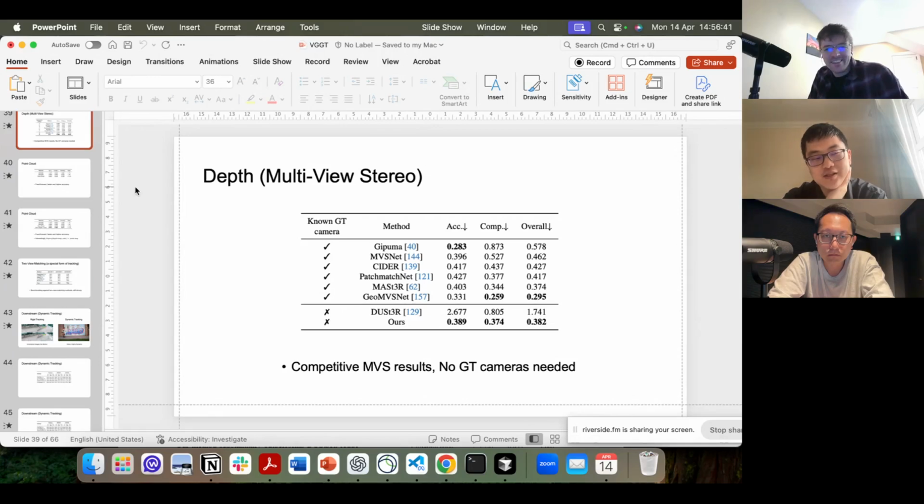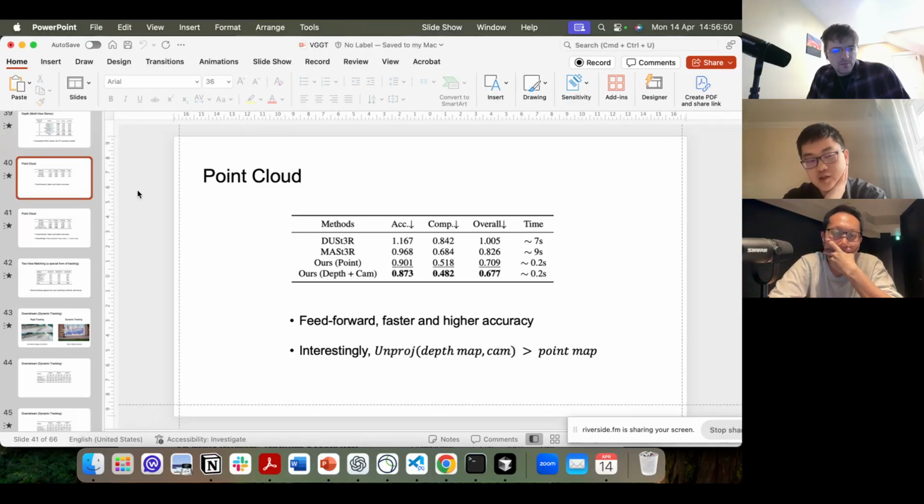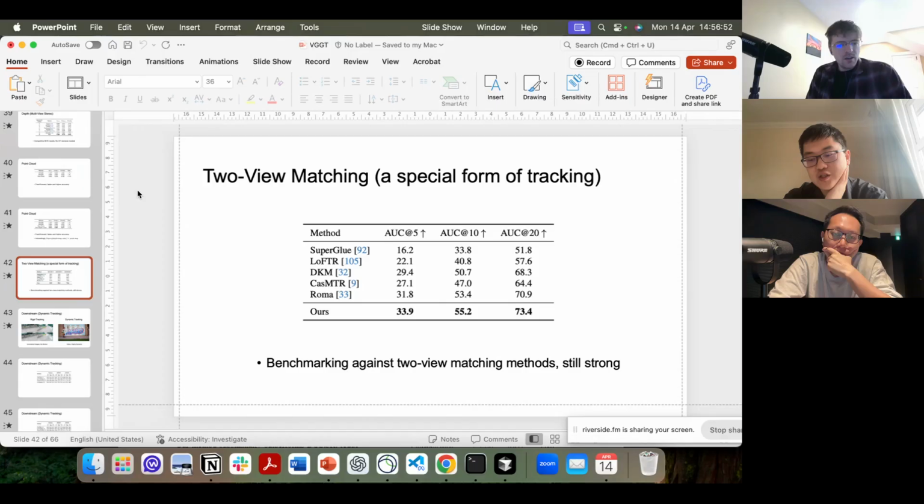Yeah, exactly. And then we have some results for the point cloud estimation. Basically, it means directly regressing the point cloud, and the two-view matching estimation. Our method was trained for rigid multi-view tracking, and we were hoping to benchmark it with previous methods.